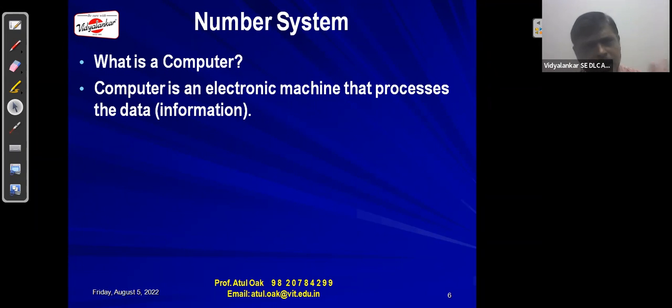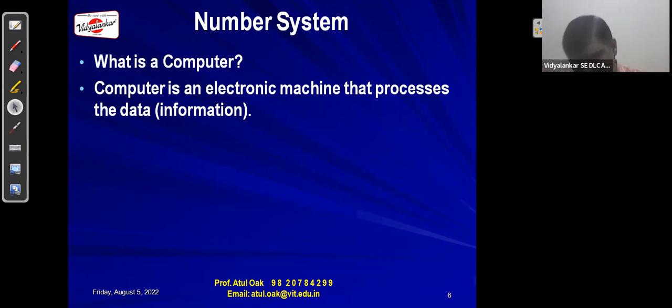I'm just putting the most fundamental definition. Computer is an electronic machine that processes the data.